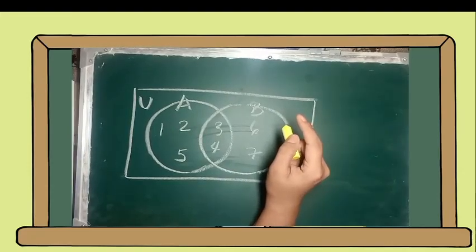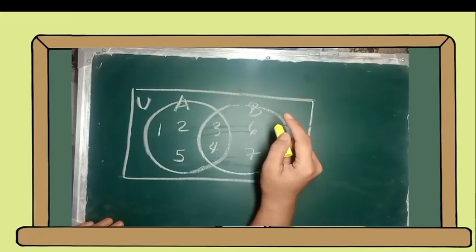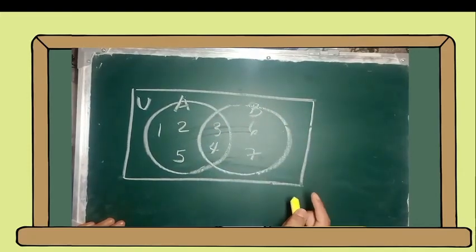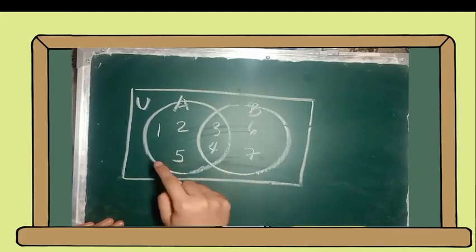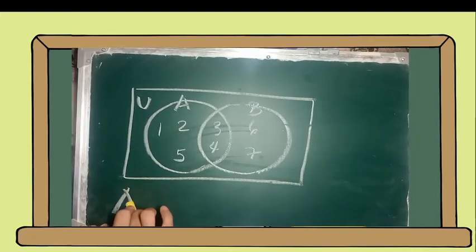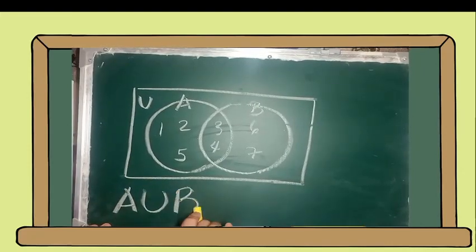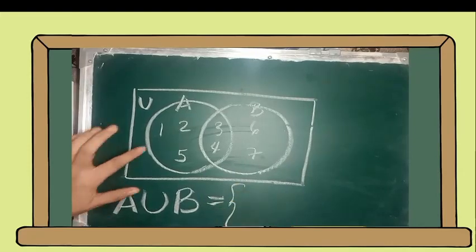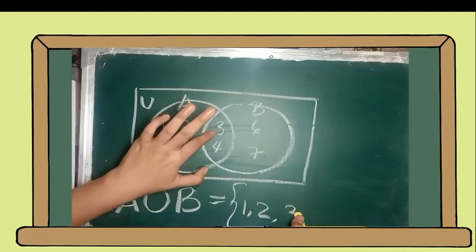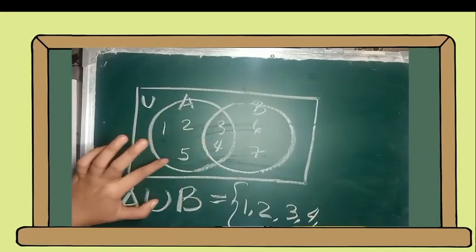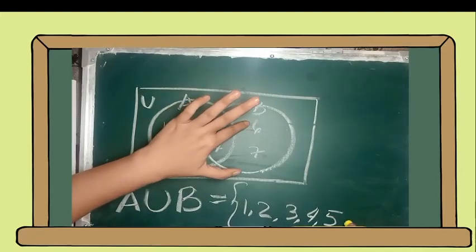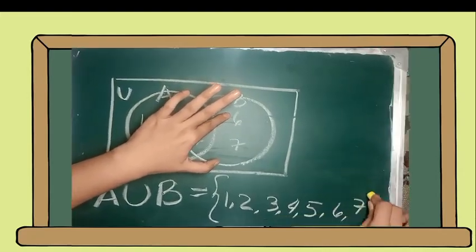If we are looking for the union, kukunin natin lahat ng elements ni A at ni B. So, ang union ni A and B ay lahat ng nasa loob ng A and B. So, A union B is equal to 1, 2, 3, 4, 5. Since meron na tayong 3 and 4, then 6 and 7.